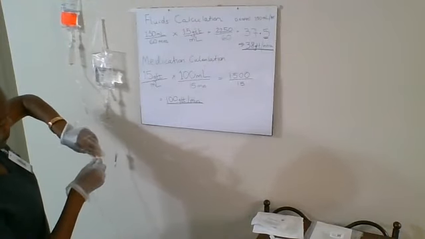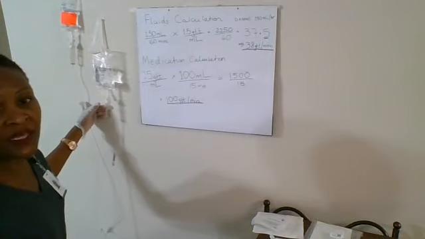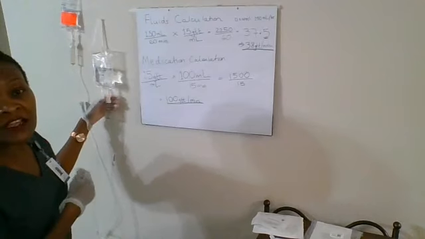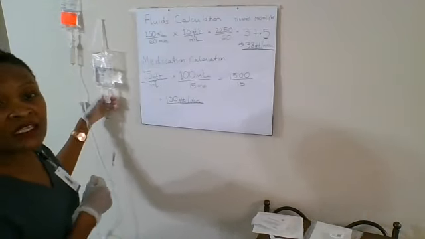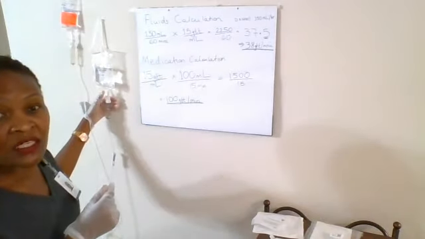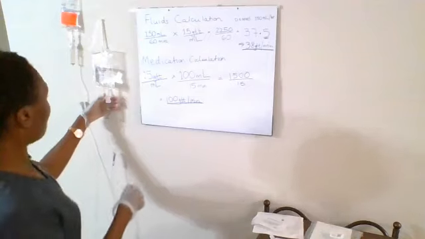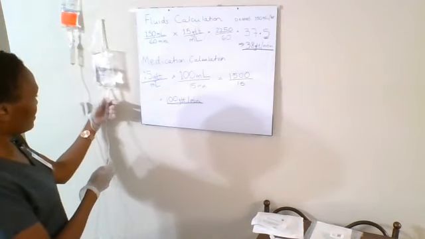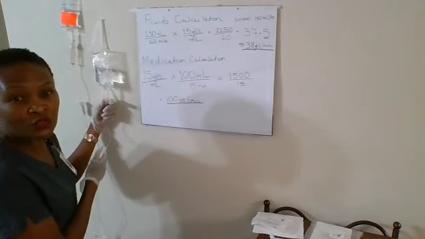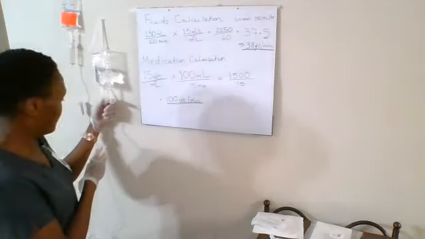And then I'm going to go back to my IV fluid bag, and I want to make sure that the container of this IV fluid bag is at least 30 inches above the IV site of my patient if they're an adult. So I'm going to go up here again, and I'm going to open my clamp, and I'm going to count 38 drops for a minute.